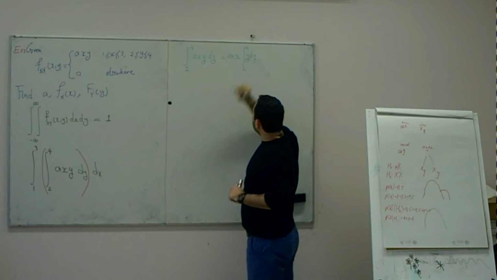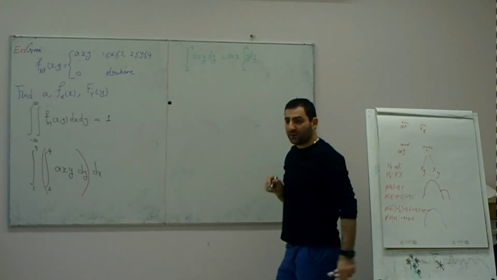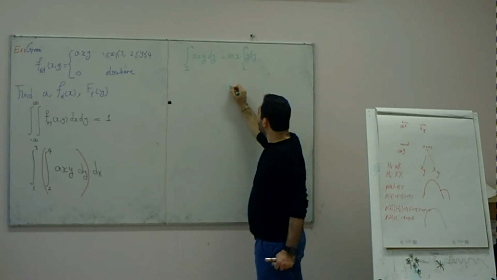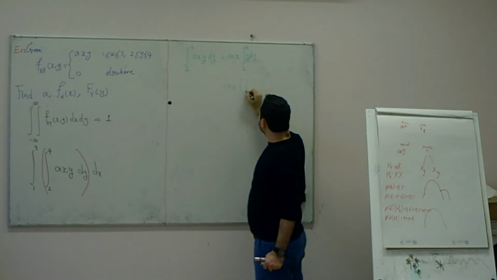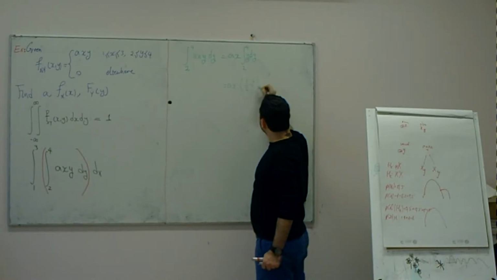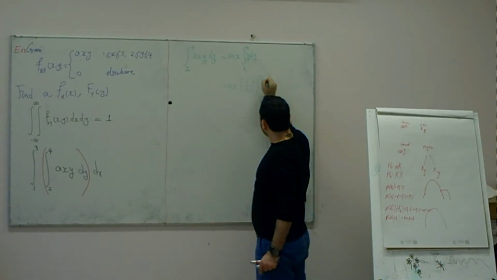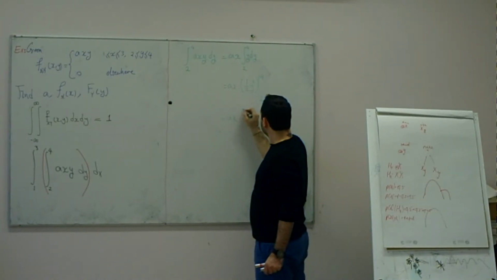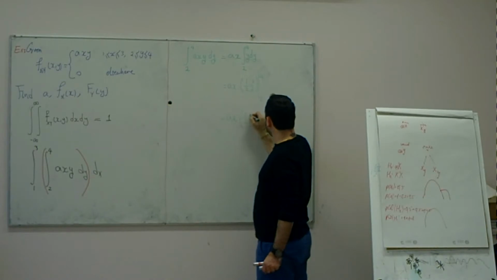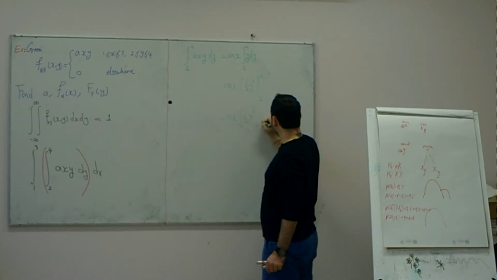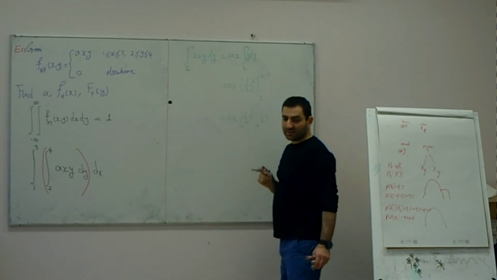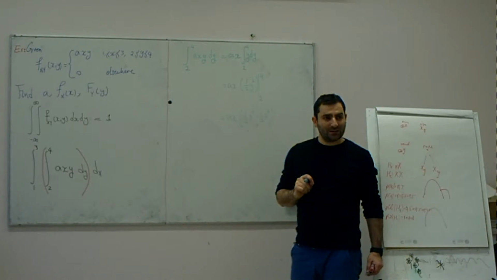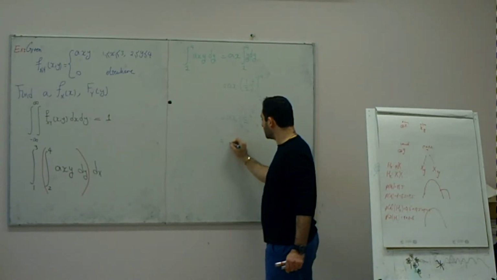Then y dy. If you remember, I wrote the formula for you in the previous session. What is the integral of y dy? It's 1 over 2 y squared from 2 to 4. So it will be Ax multiplied by 1 over 2 times 4 to the power 2 minus 1 over 2 times 2 to the power 2, which is 16 minus 4 is 12, multiplied by 1 over 2, it's 6. So it will be 6Ax.